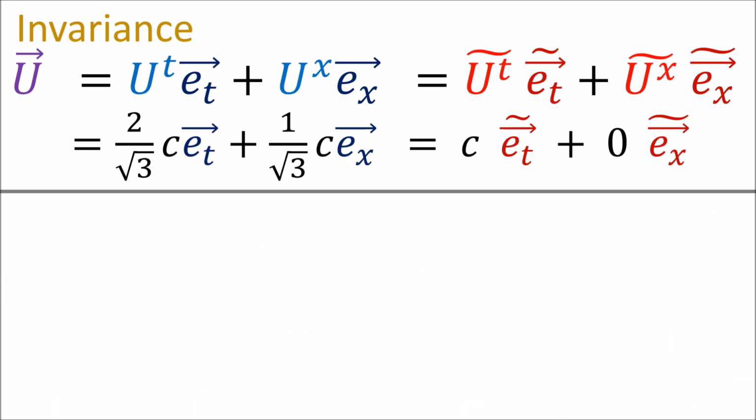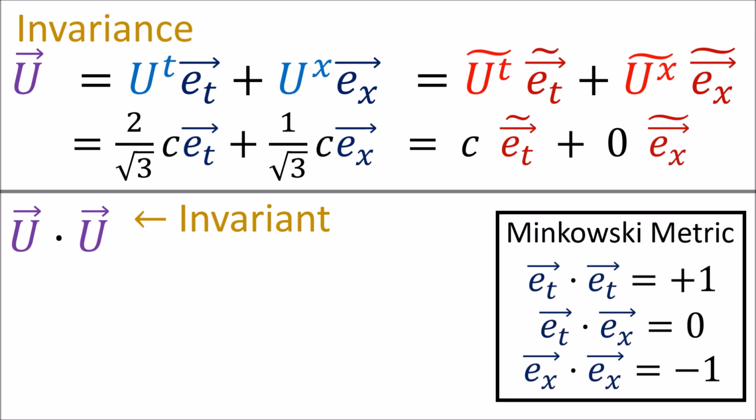Another thing to notice is that the quantity big U dot big U is also invariant and agreed upon in all reference frames. Recall that with a Minkowski orthonormal basis, the time basis vector dotted with itself gives +1, a position vector dotted with itself gives -1, and mixed basis vector dot products are 0.